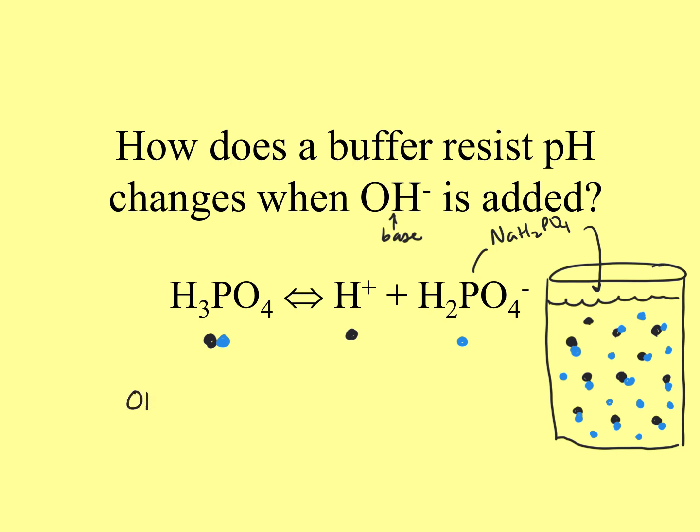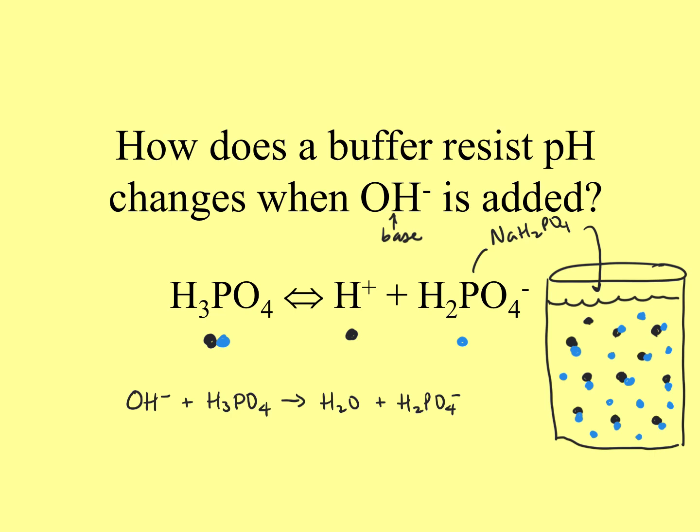So you're going to end up having an equation like this: OH minus plus H3PO4 is unidirectional. It essentially goes to completion. OH minus will gain the hydrogen, and then it's going to make more of the H2PO4 minus. And that is the net ionic equation that shows you exactly how the buffer works.